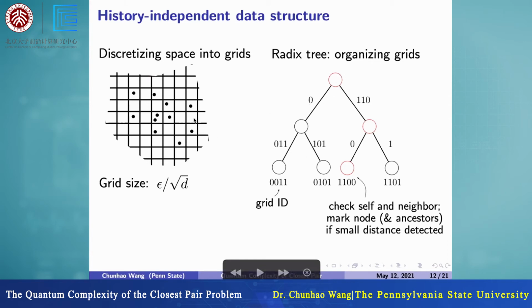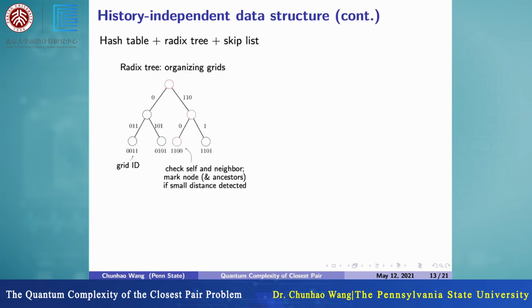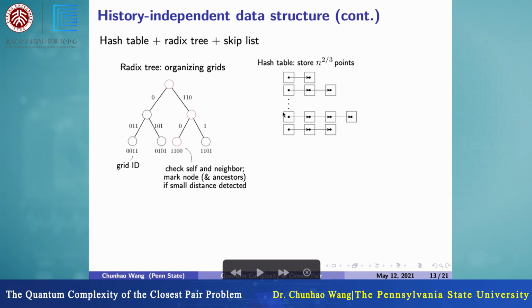But there can be many points inside a grid, so we also need to organize them. First we need a hash table to store all the points. We use the hash table as memory.